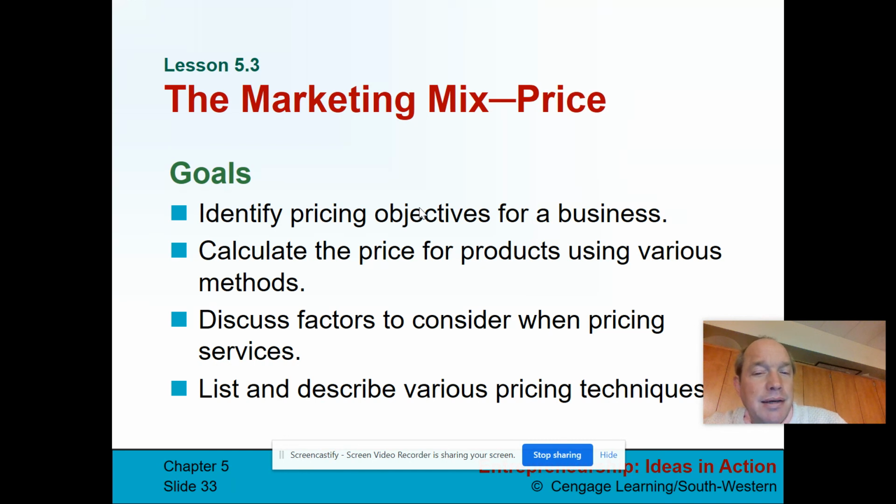You've got to have pricing techniques or pricing objectives. Sometimes people charge by the square foot. Some people charge by the item. When you talk about going to a restaurant, you have certain kinds of items on the menu, appetizers and entrees and desserts and drinks and these kinds of things.